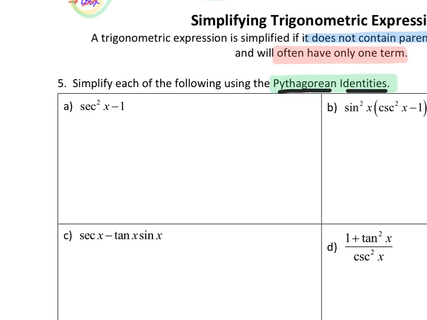That's the sine squared plus cosine squared equals 1, or tangent squared plus 1 equals secant squared, or cotangent squared plus 1 equals cosecant squared. Those are the identities that you're going to use to simplify each of these four expressions here in number 5.